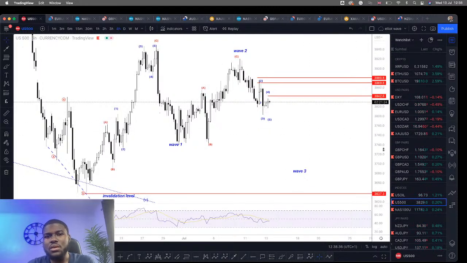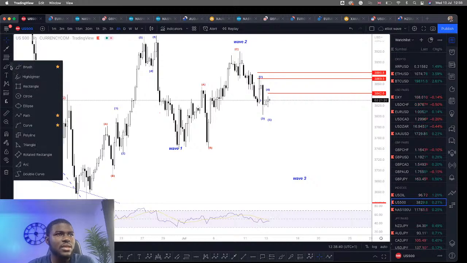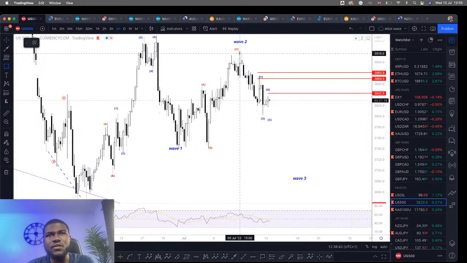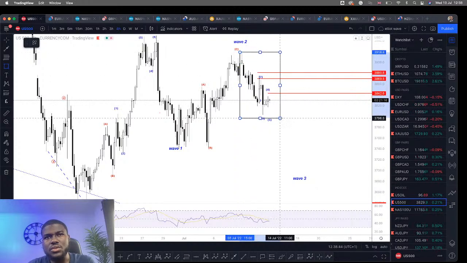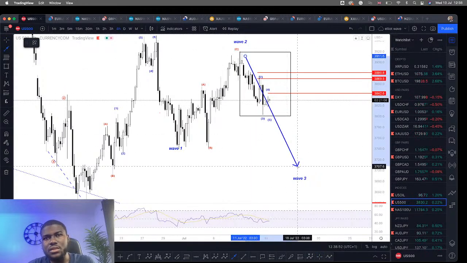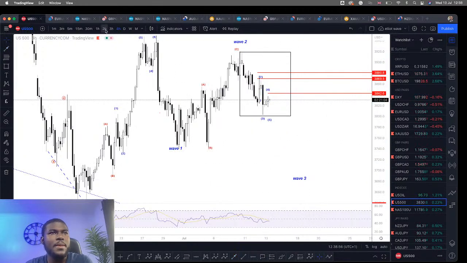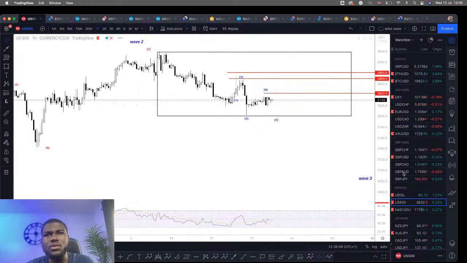So now let's take our box tool to see what has happened exactly since wave 3 move has started from here to this region. Let's see what has happened within this box, because it's all part of this wave 3 to the downside. Going to the 2-hour time frame or 1-hour time frame.